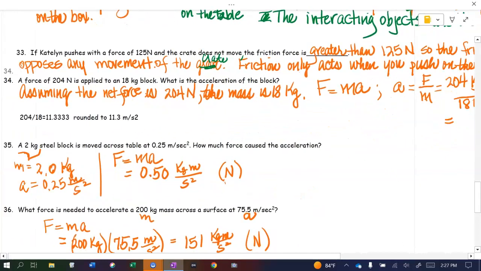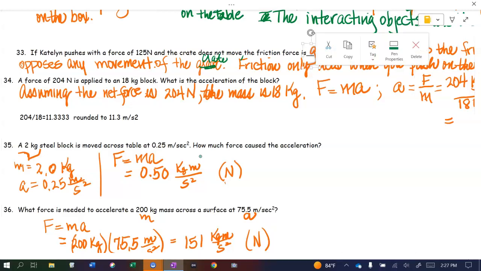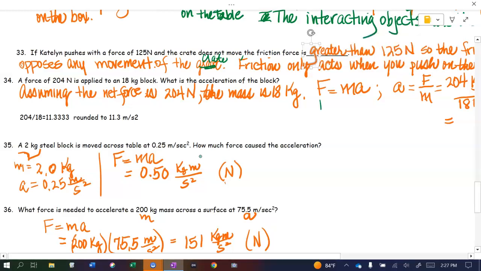Well, since F equals ma, dividing through by the acceleration on both sides, we get the force divided by the acceleration should tell us the mass.